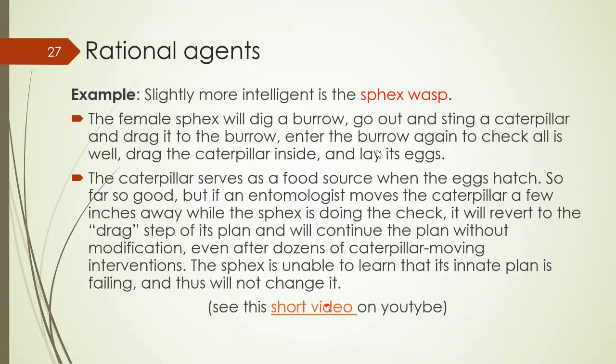If you take the food away, you know, the routine is it brings it close to the nest, goes inside the nest, checks if everything is okay, eggs are there, comes out and drags the paralyzed insect into the hole, right? What happens? It leaves the body close to the hole's door, goes inside, comes back, and takes it in.